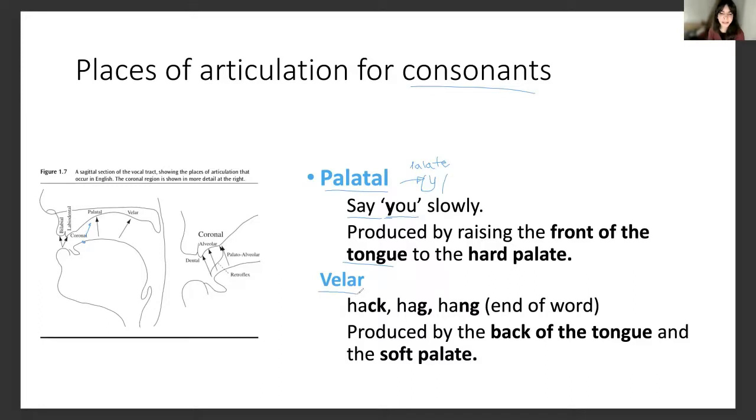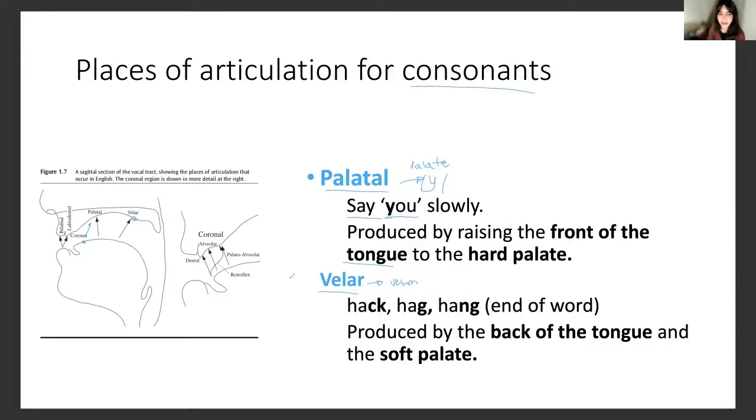Another sound that we have is called the velar. So the velar sound, if you think about the word, sounds like velum. And that's because consonants that take place there are taking place in the soft palate, aquí. So the obstruction of air, la obstrucción del aire, está sucediendo acá atrás.